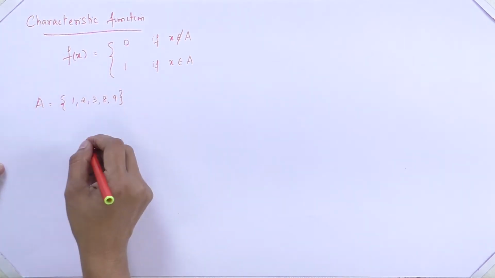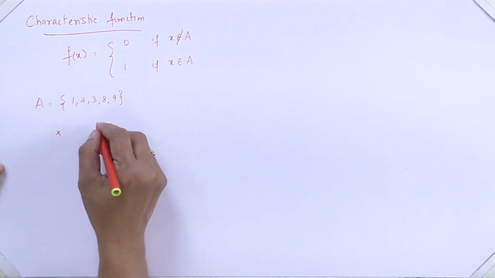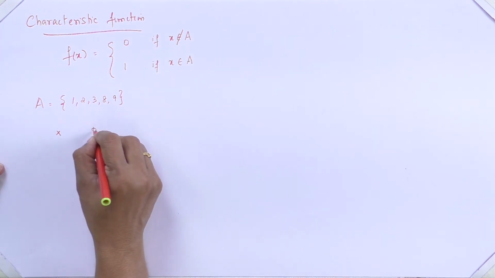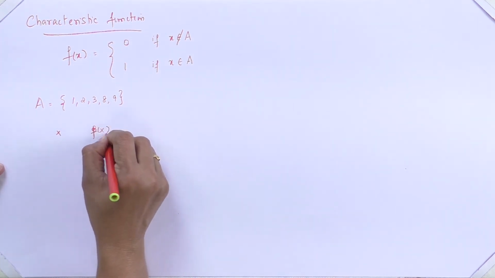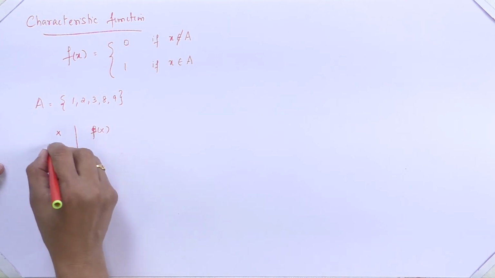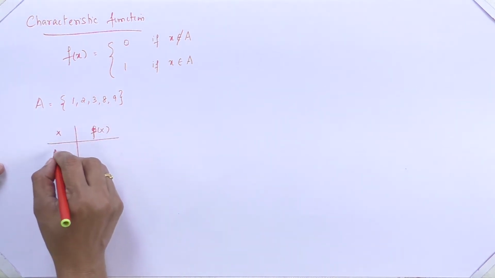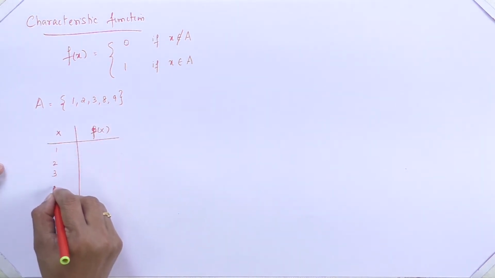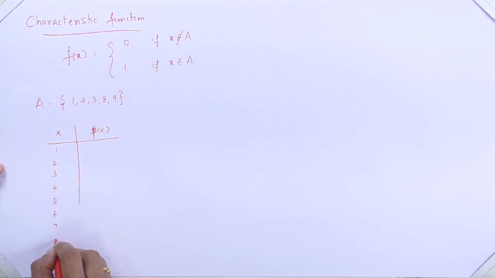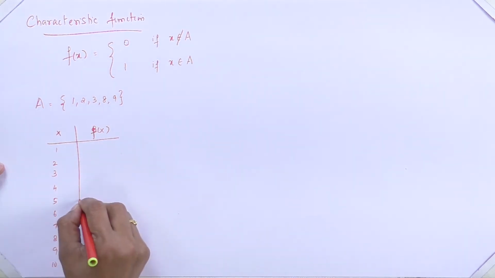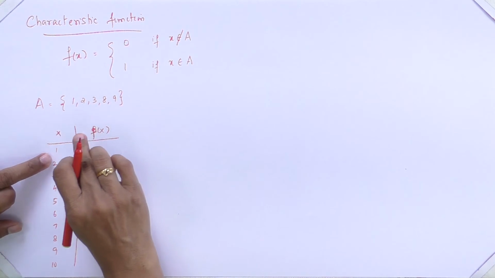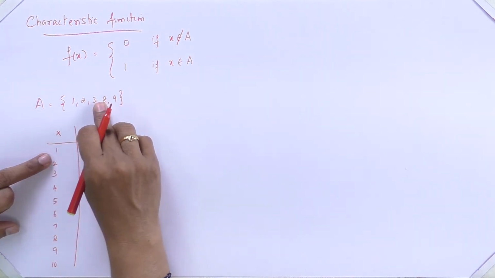Right here, I may have x and the function, that is function p of x or f of x, whatever the term may be. So here, let's see, I have numbers 1, 2, 3, 4, 5, 6, 7, 8, 9, 10, right. Now, is 1 there in the set? Yes.